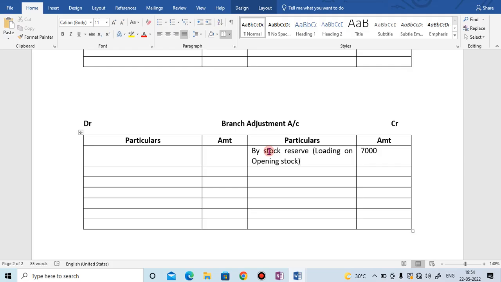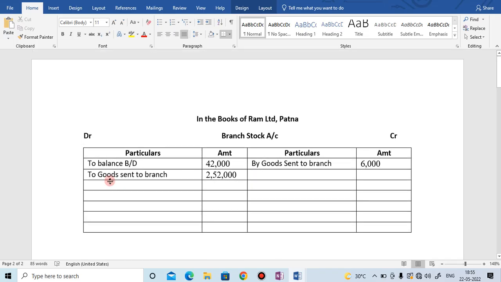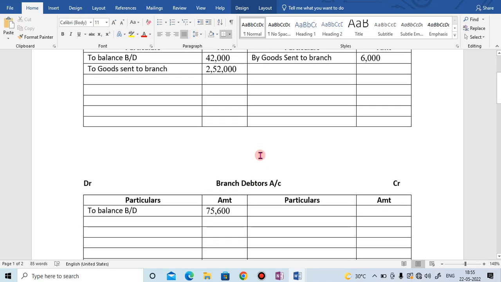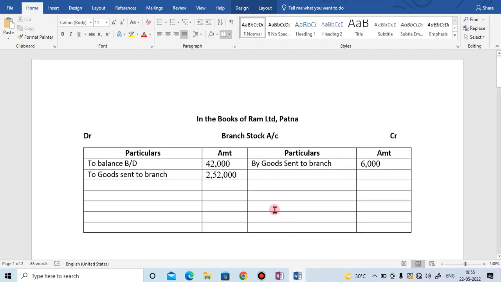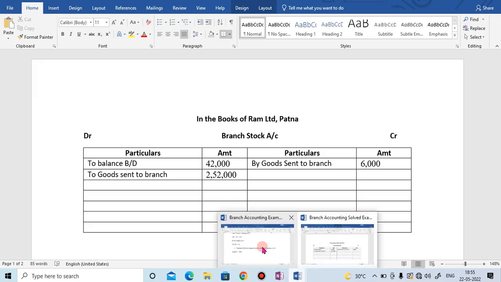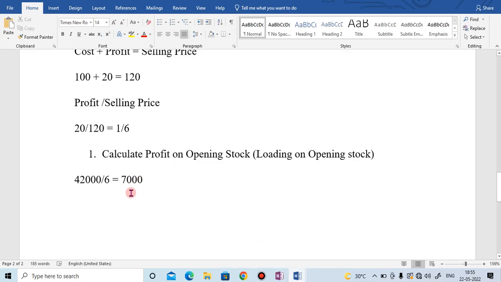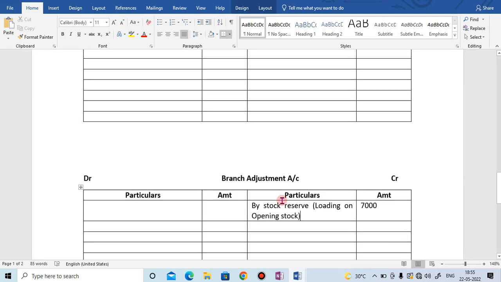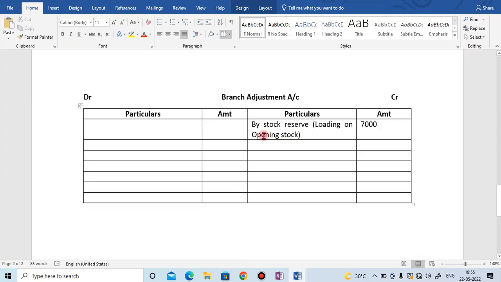Hope you have understood this entry. So first of all we passed the entries of all the opening balances of stock, then debtors, then petty cash. After that we calculated loading on opening stock, that is 42,000, and the 7,000 we got as loading, we passed the entry in branch adjustment account on the credit side by stock reserve. Reason is loading on opening stock 7,000.